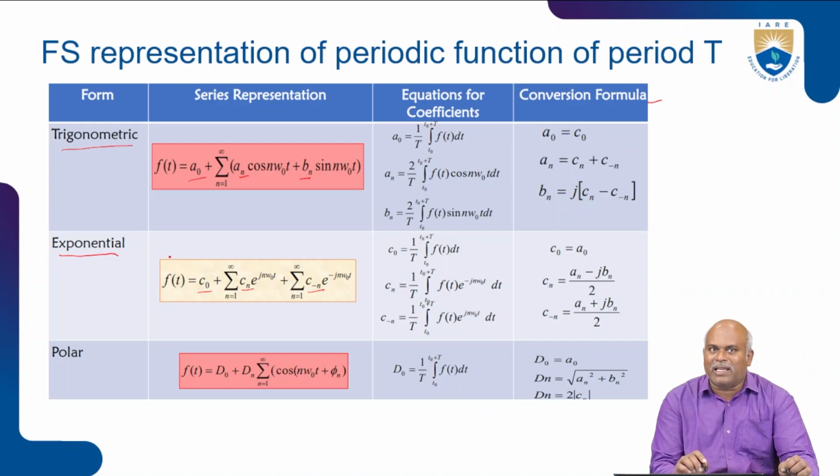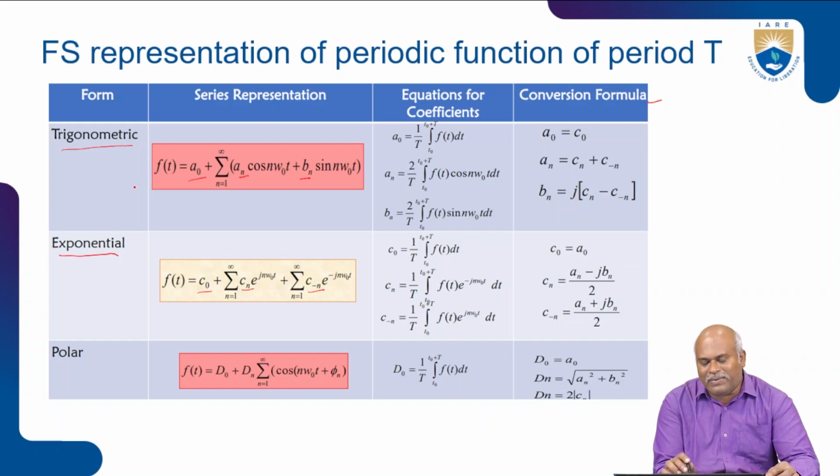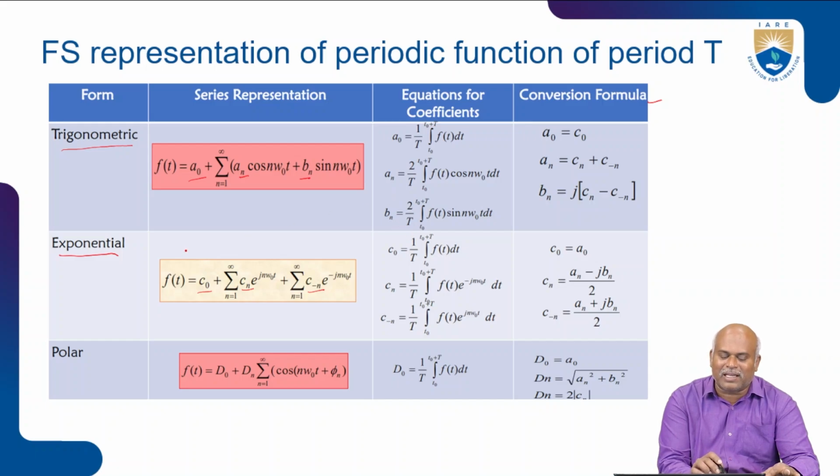If we have either the trigonometric or the exponential Fourier series, we can convert it to the other type. Suppose we find the trigonometric Fourier series and based on that we find the coefficients a0, an, bn. Then we convert the trigonometric Fourier series into the exponential Fourier series.